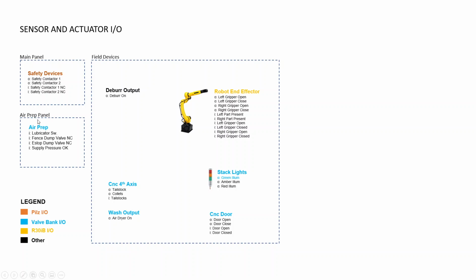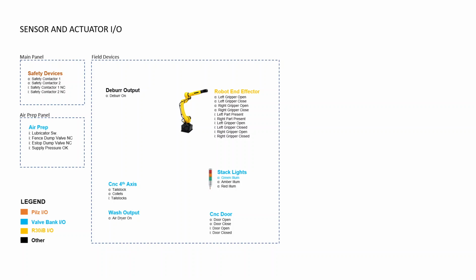So aside from the safety devices inside the main panel, on the outside of the panel, on the air prep panel, we have a lubricator switch which monitors the lubrication for our deburr tool. We also have some monitored states of our safety dump valves for the fence circuit and for the e-stop circuit.